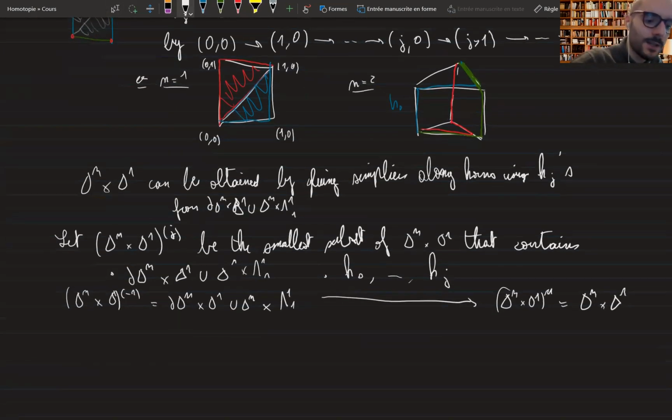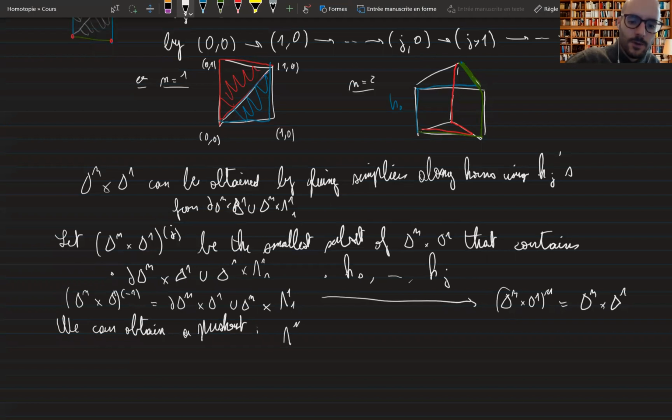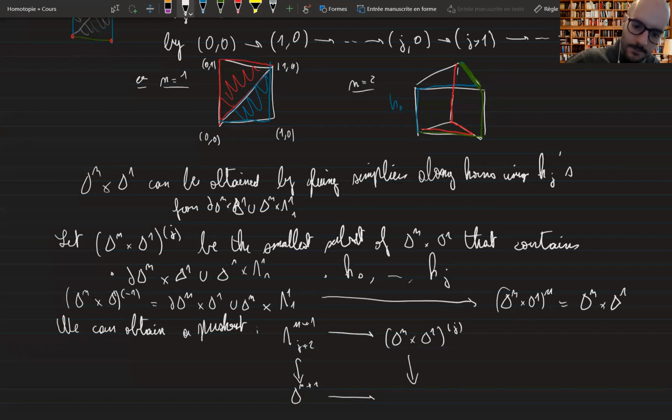And now we can obtain a push out like this. So it's a bit technical, but hopefully the idea is clear. I just want to write down the details. So this is a push out where this is Hj plus 1.